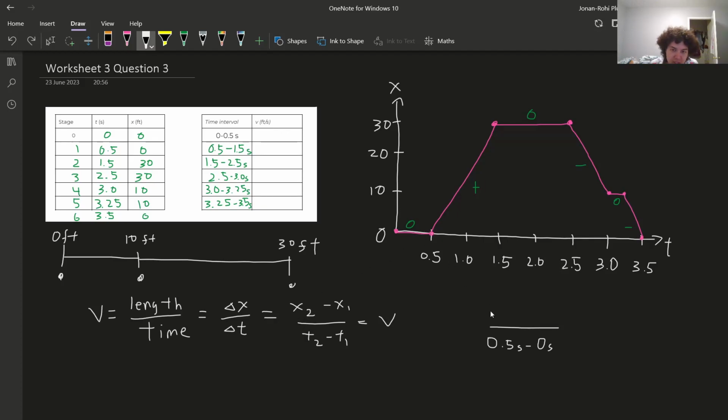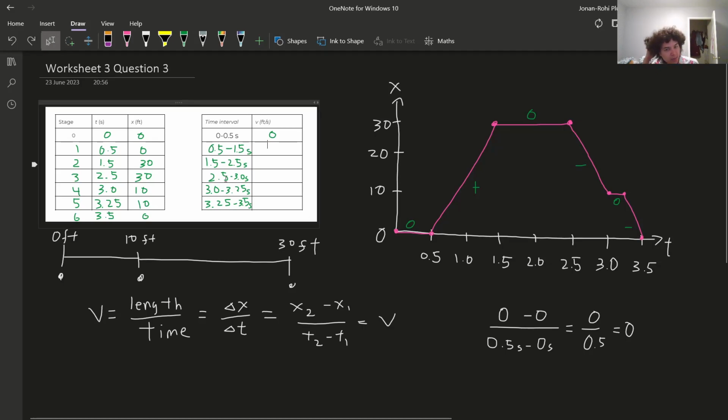Well, the position is 0. What about x1, the position at time 1? Time 1 is 0. According to our graph, the position is also 0. So this is 0 divided by 0.5, which is, as we expected, 0. So we'll plug that into our table of the velocity during each time interval.